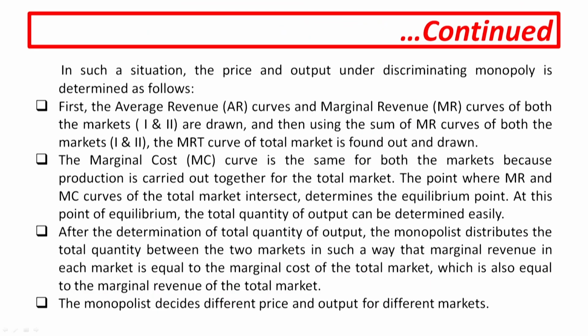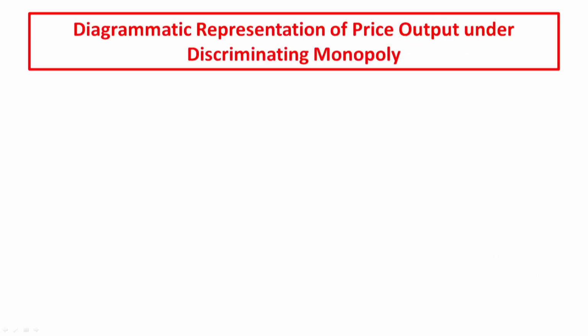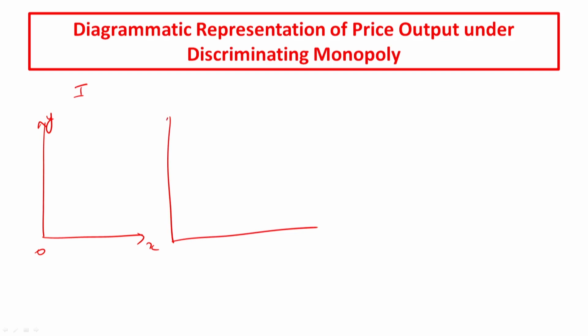So, the first thing you need to perform is, I can explain it with the help of the diagram. First, you have to take one market with Y, X and 0. This is market 1, and you have to take another market with Y, X and 0.